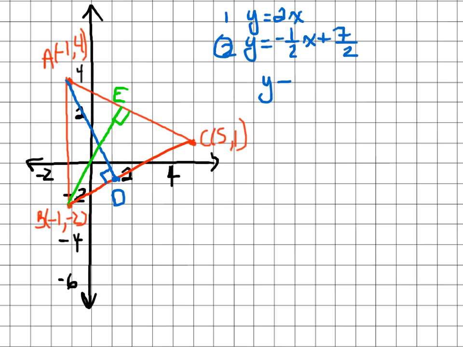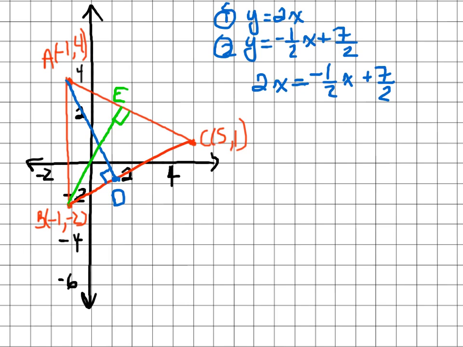So I will have y equals negative 1/2 times, oops, that is not correct. Sorry, here we go. I will have 2x equals negative 1/2 x plus 7 over 2.